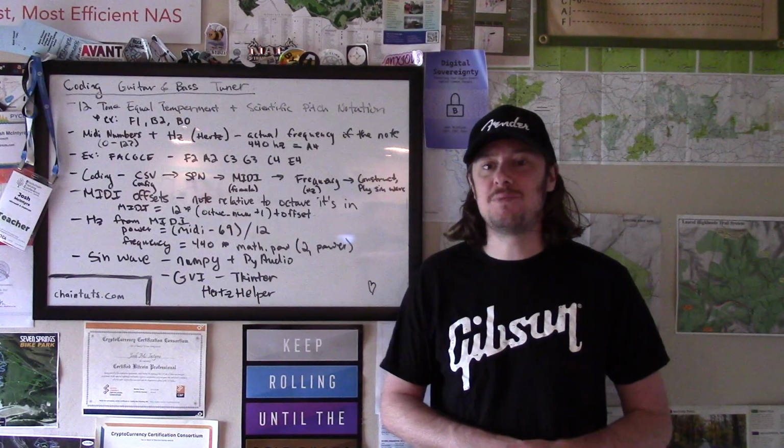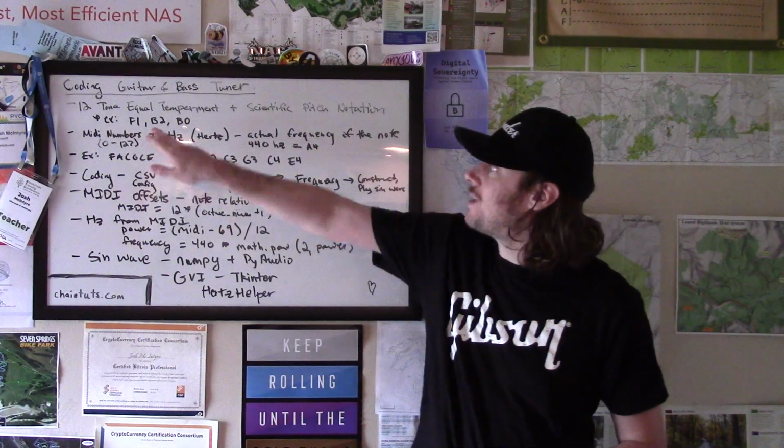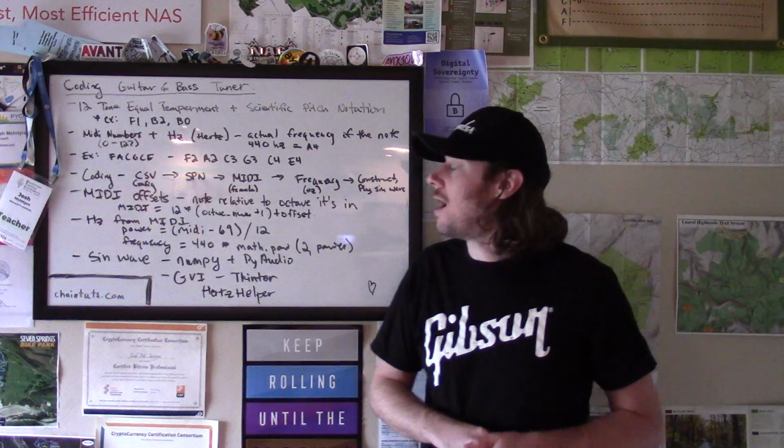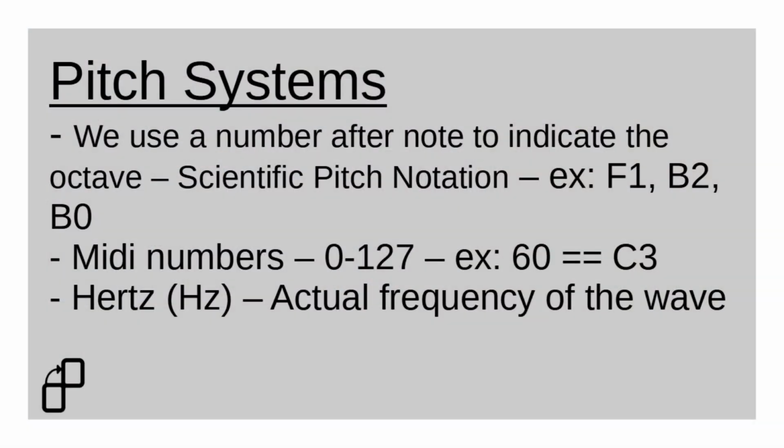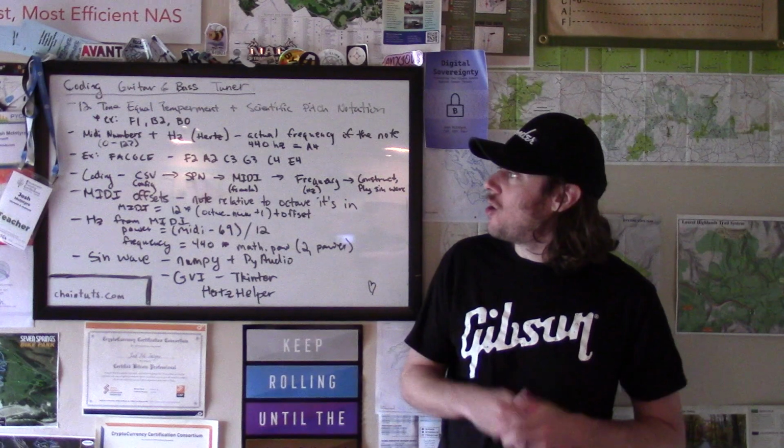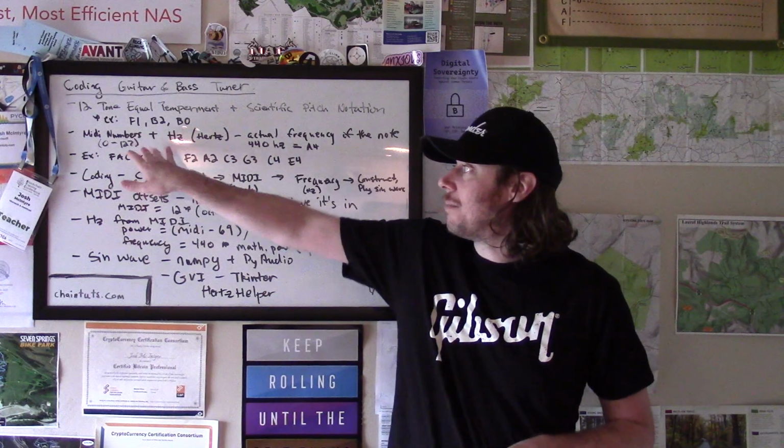And all this really means in a practical sense is we have the note, which is from A to G, including sharps or flats, and then a number to indicate which octave this is in, or which frequency this note will be at.